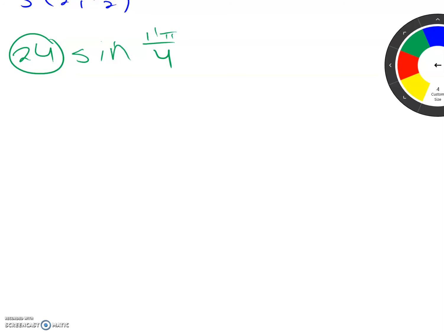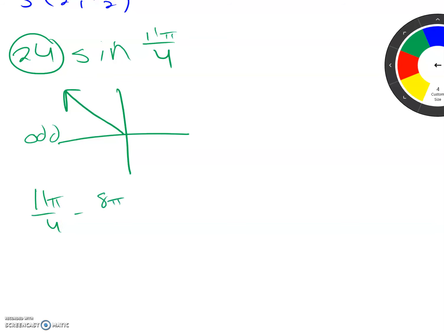Remember thinking of those factors, 4, 8, 12. 11's close to 12. Well, my odd pi's are over here. So if we're almost there to an odd pi, we have to be in quadrant 2. You could also take your 11 pi over 4 and subtract your 2 pi, which would be 8 over 4, which would give you 3 pi over 4. This is, I think, the first one we've done where you only have to subtract it once. 3 pi over 4 is the angle in quadrant 2.